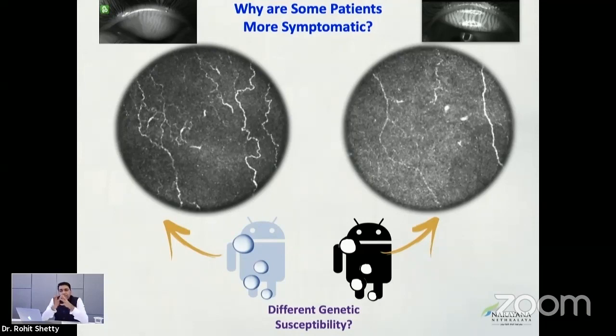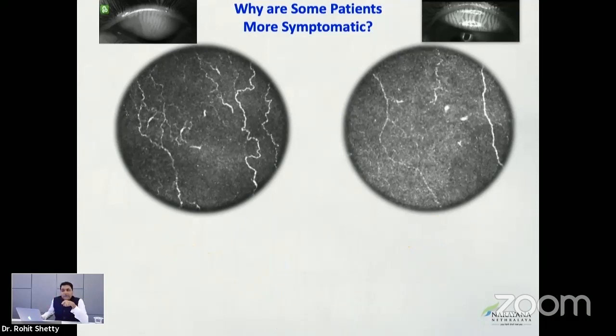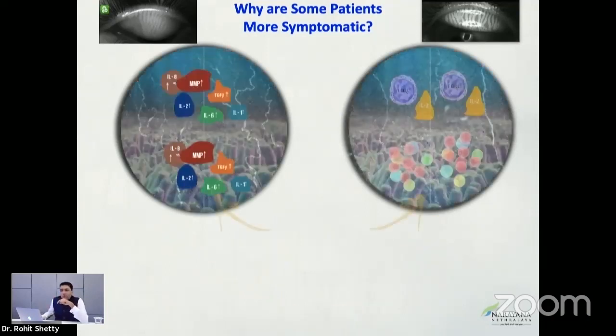So that is one of the reasons why two people with the same Schirmer's or the same T-BUT don't behave the same way. It is because of how they are connected internally and also how they're connected to your nerves.